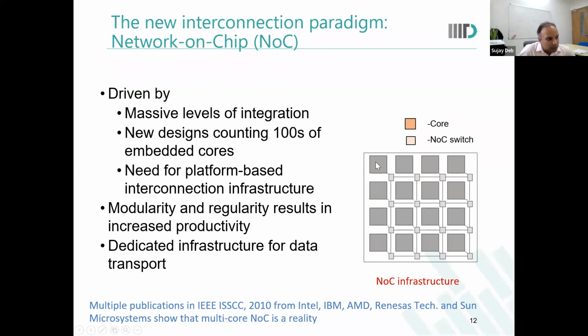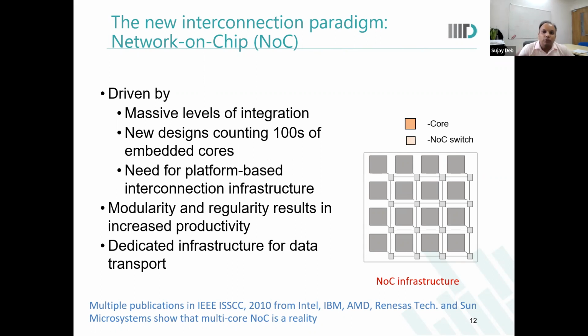The processing element will only do the computation. After computation, it will say this is the destination where this packet or data needs to be sent. The switch will get this information, figure out how to route it to that destination, and do it on its own. It will not consult the processing element. So it decouples computation and communication, and that way it becomes a scalable and modular solution.